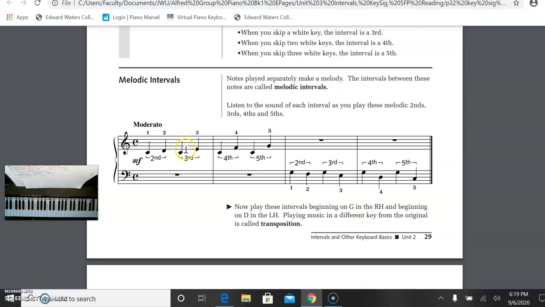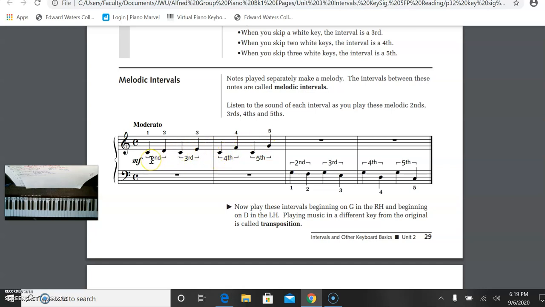But get used to recognizing these as intervals, so seconds, thirds, fourths, or fifths, all the way up to eighths, ninths, thirteenths. Or you could recognize them as steps, which are mainly just seconds, or skips. Anything that's a third, fourth, fifth, anything that looks like it's skipping lines and spaces. That's why we call them skips.